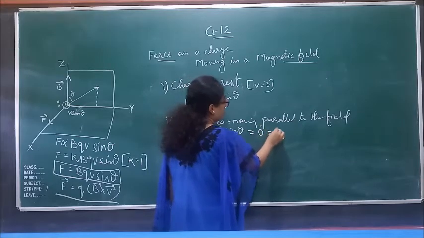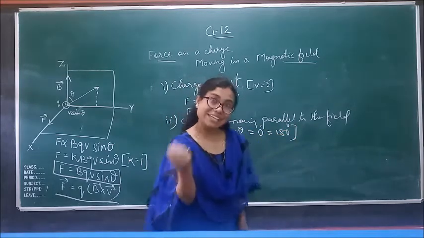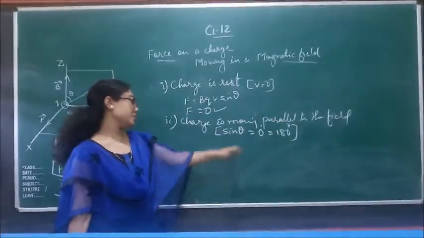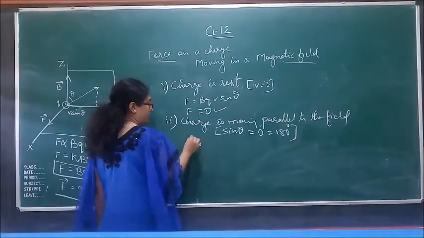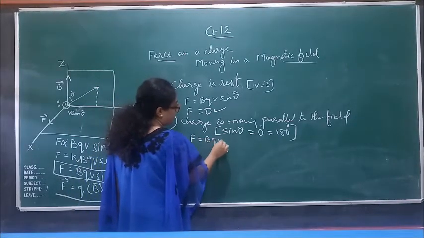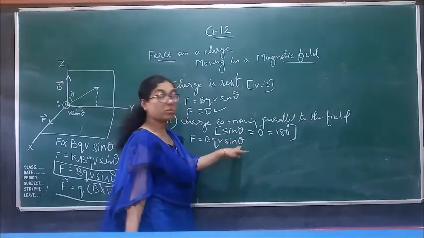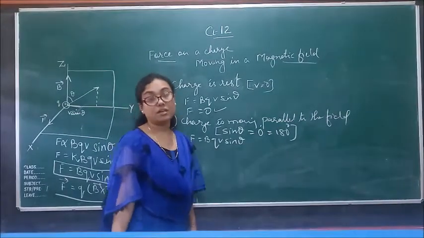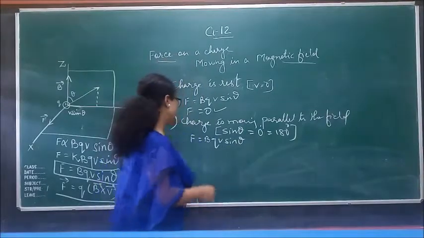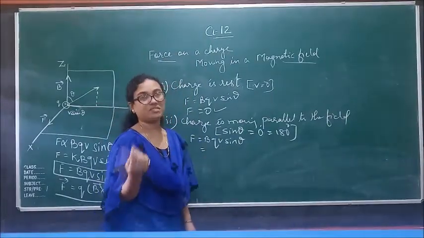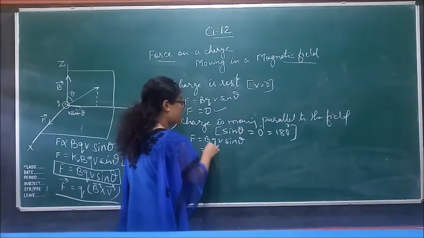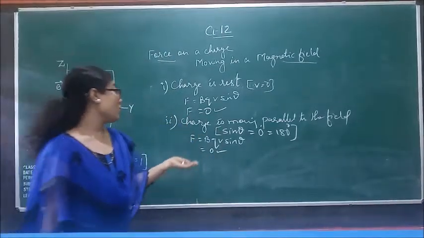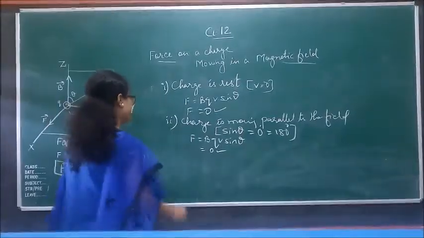Either it will be parallel or antiparallel, so it will travel at either 0 degrees or 180 degrees. In the parallel and antiparallel case, we write again BQV sin theta. When you put the value of theta as 0 or 180 degrees, in both cases sin 0 or sin 180 will be 0. So again the force will be 0. So the force is minimum when the charge is at rest or when the charge is moving parallel to the field.